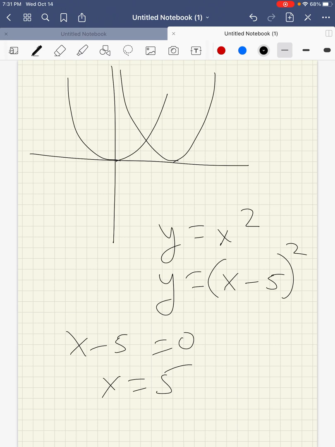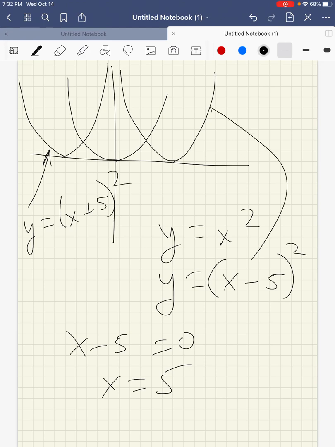So on the x-axis, we always have to put it in parentheses, and it has to be the opposite of the way it's moved. So if I move it over here, now it moved over 1, 2, 3, 4, 5 units to the left. So this one would be y equals x plus 5 quantity squared.